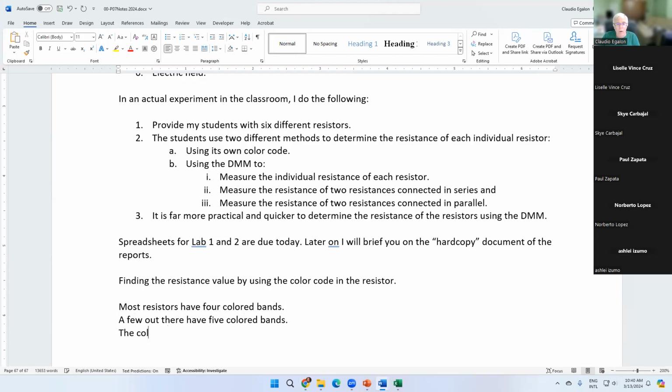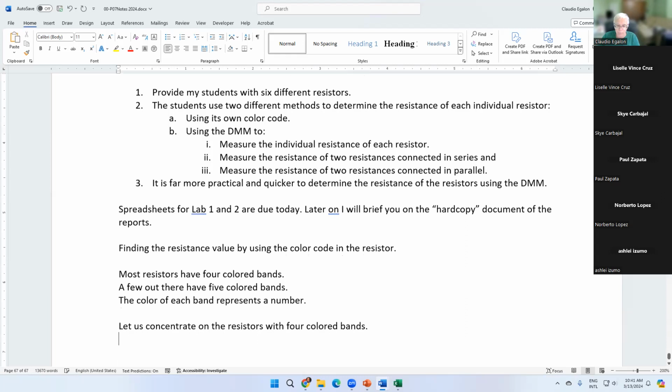The color of each band represents a number. Let us concentrate on the resistor with 4 colored bands.